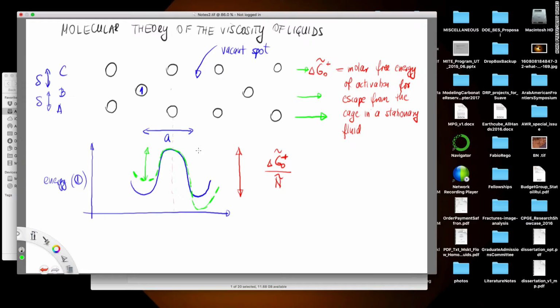So basically, then I have to overcome all of this to go upstream, okay? So this is downstream jump, activation for downstream jump.